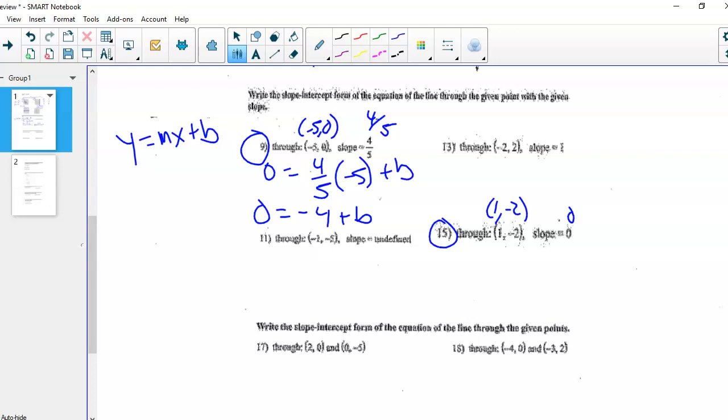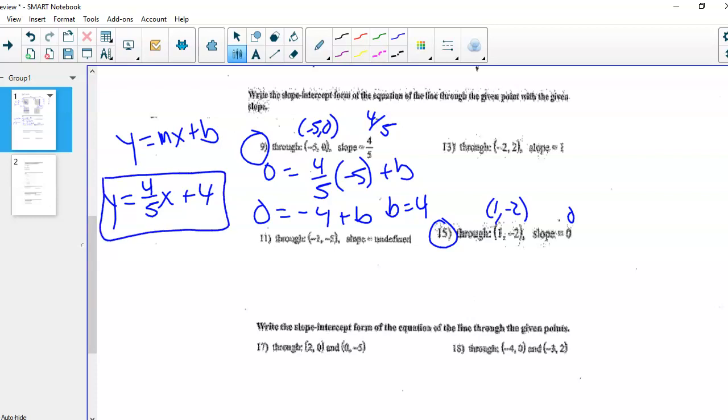So if we add 4 to both sides, what's b? Positive 4. What's our equation here? 4/5 x plus 4. Don't forget your x's. But yes, that is your equation. The 4/5 was given to you.